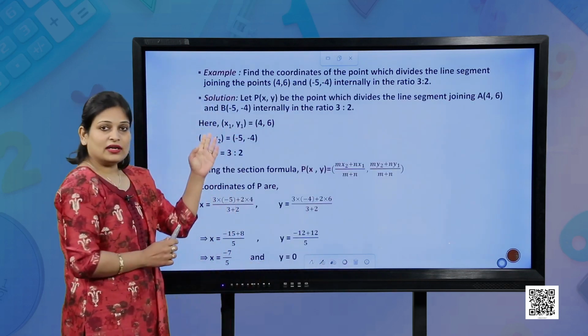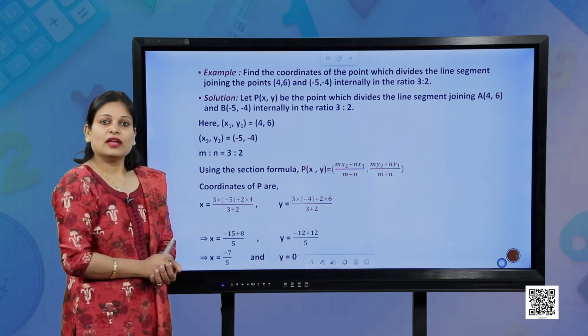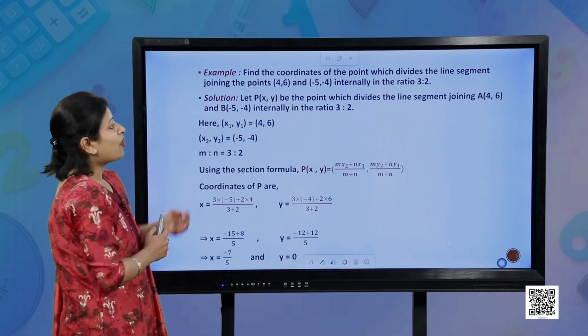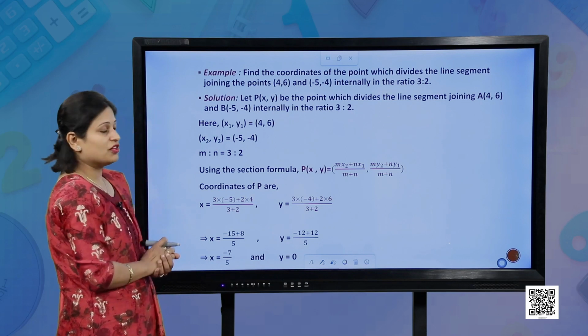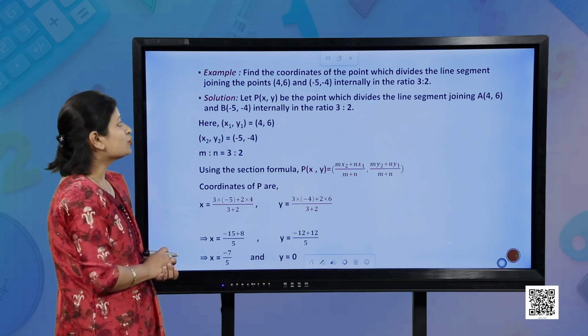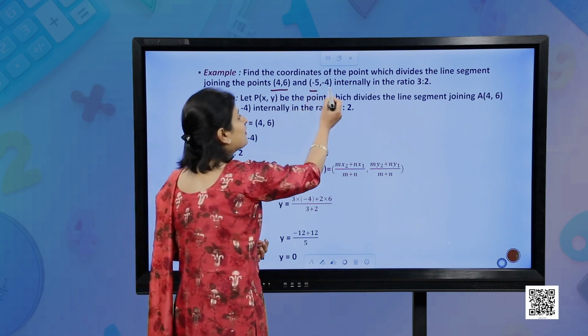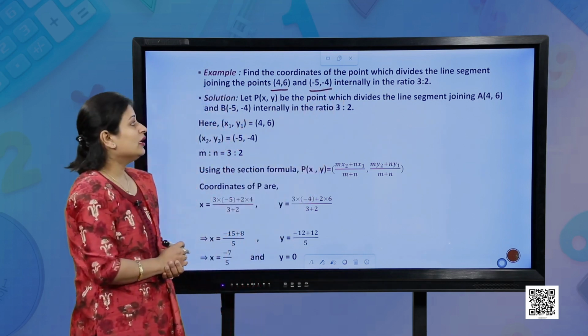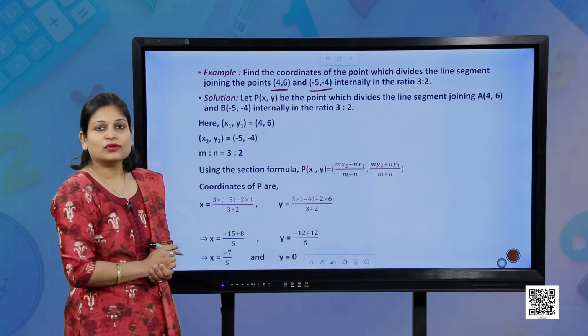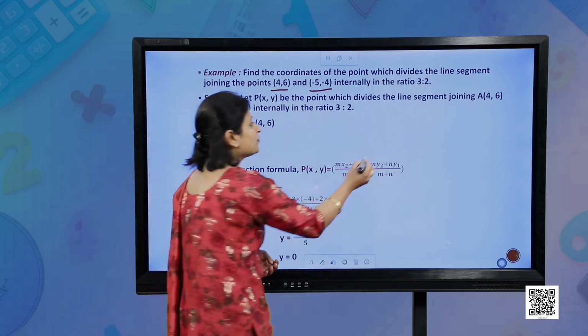Now, let us understand this with the help of an example. Find the coordinates of a point which divides the line segment joining the points (4, 6) and (-5, -4) internally in the ratio 3 is to 2. Means what?